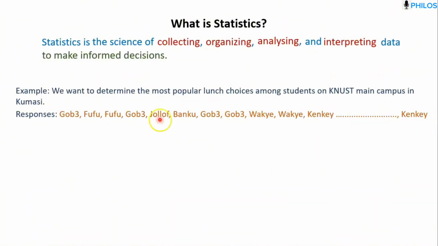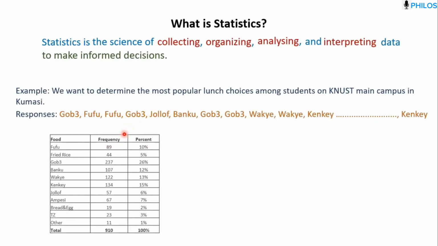Okay. Now, after collecting the data, which is this stage, collecting, then we'll organize their responses into a table. So those who said fufu were 89, fried rice 44, gobe 237, banku 17, wache 122, kenke 134, and so on.